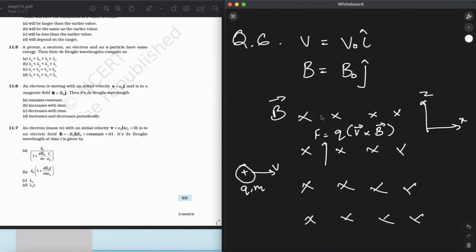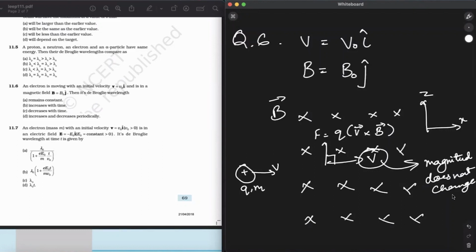You can understand this, right? Since it is an acceleration, it will change something: it changes the direction. If it changes the direction, then it changes the velocity. That is why it is an acceleration.